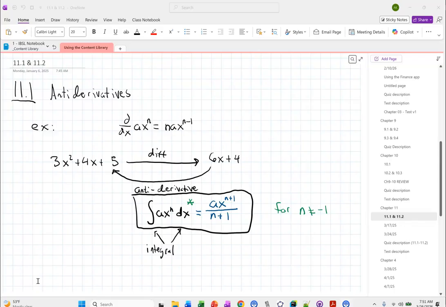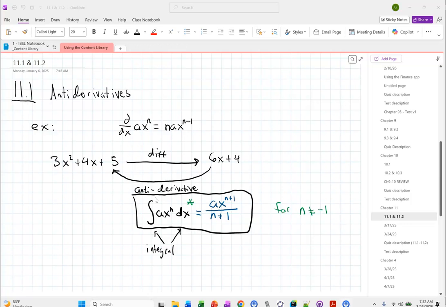So symbolically, we're going to have this integral symbol, which looks like a stretched out letter S. That's not an accident. We'll talk in later chapters about what this integral operation is really doing from a fundamental, theoretical, conceptual background.